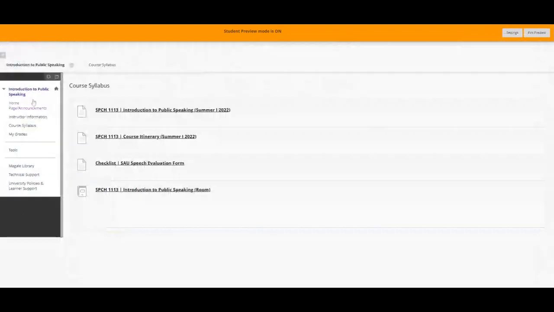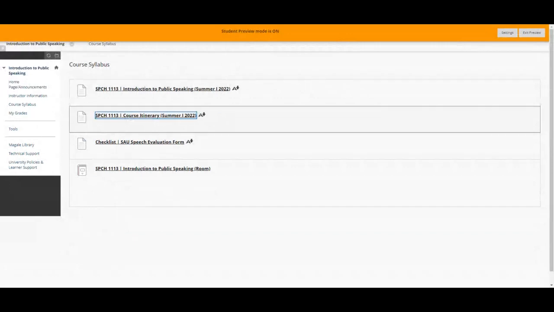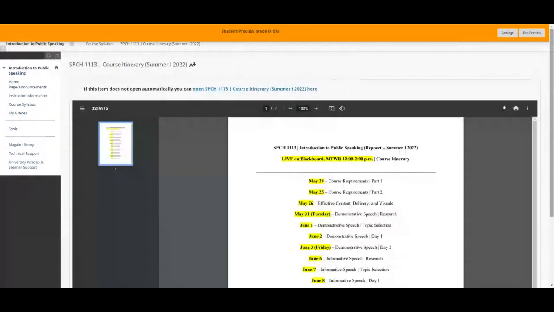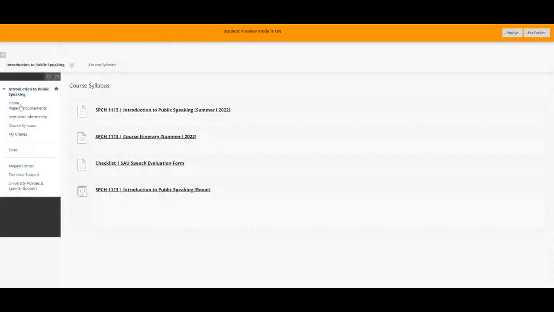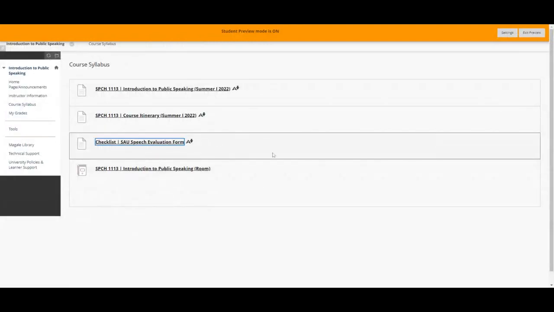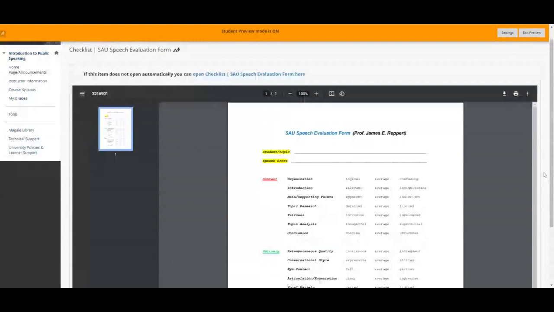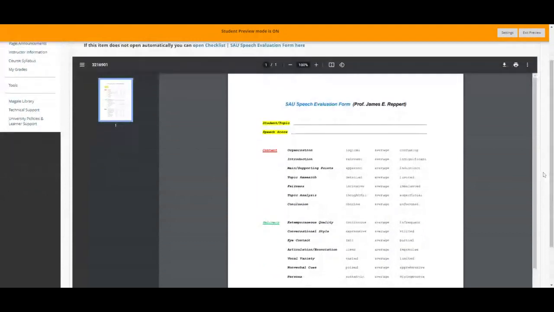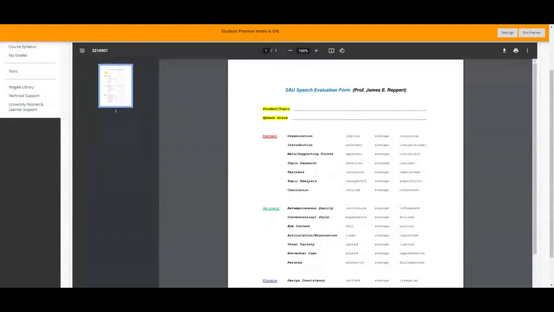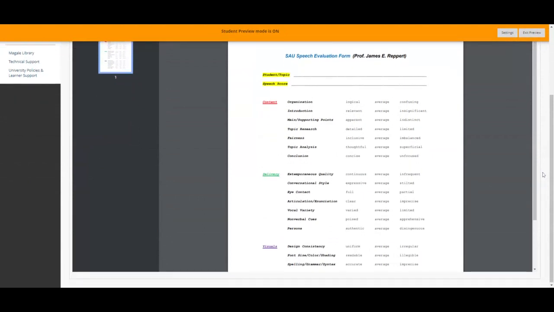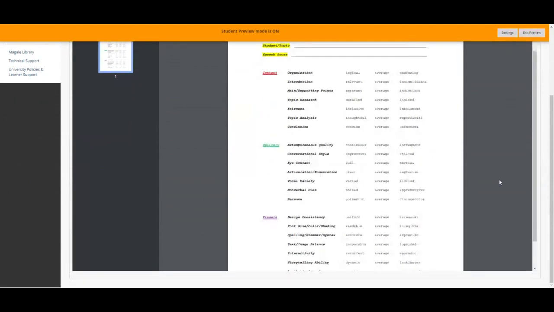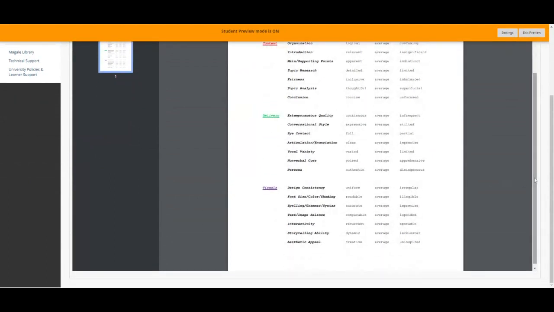Back to syllabus for the course itinerary, and I'll leave it right here because tomorrow is course requirements part 2, effective content delivery and visuals on Thursday, which is going to be a long, detailed, specific look at the elements in the checklist. Intentionally, there are 7 areas for content, 7 for delivery, and 7 for visuals.